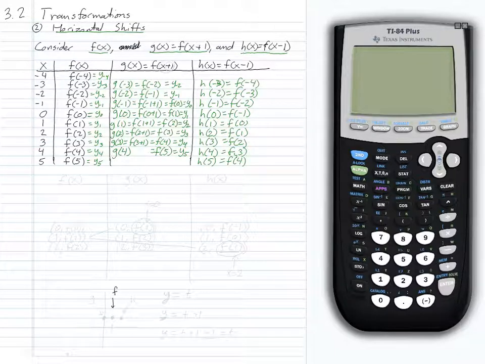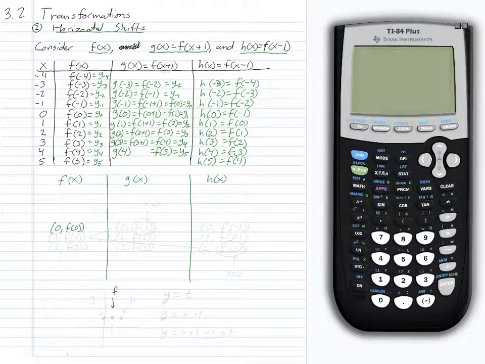So the table is kind of nice, particularly if you have actual function formulas to work with. We do not, so let's just look at how the points are related. Here we have points on f of x, points on g of x, and points on h of x. Remember, if x is 0, then our function f gives us f of 0.